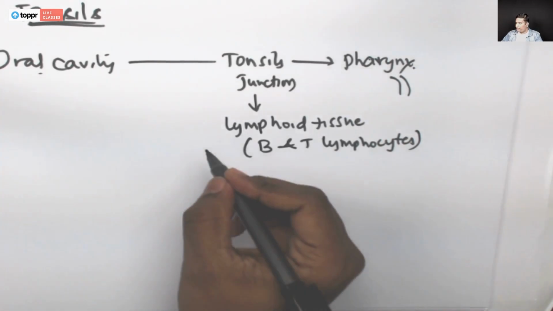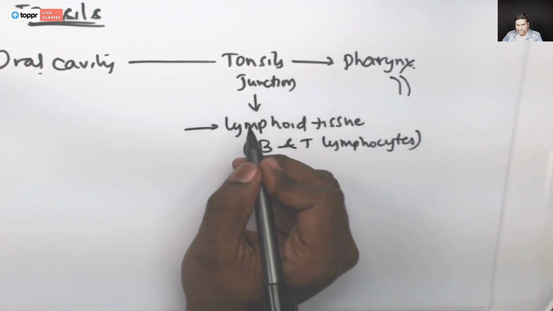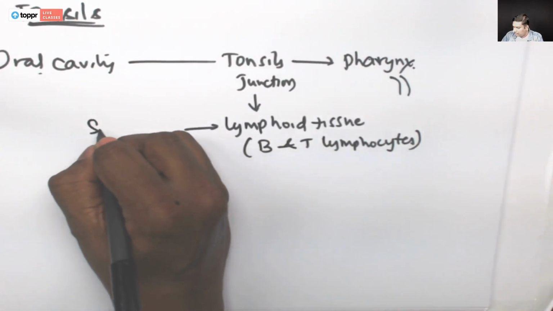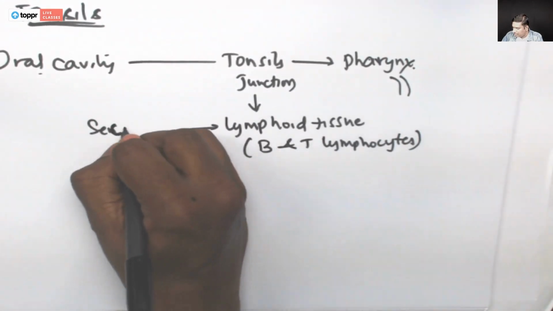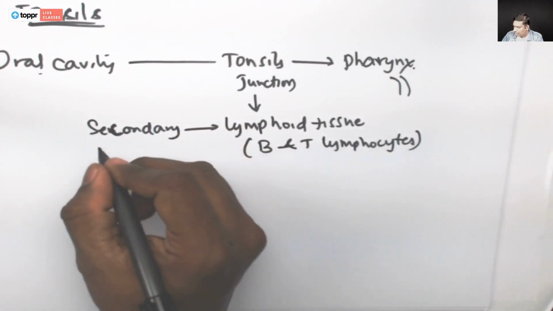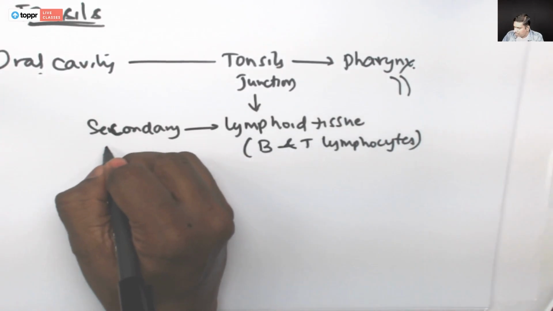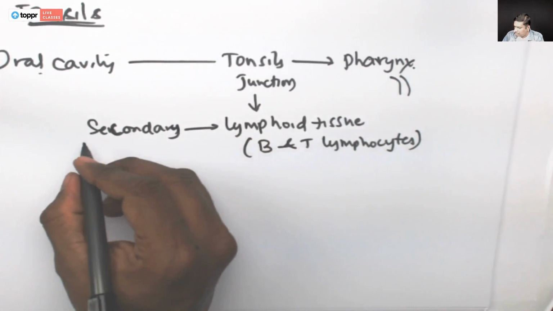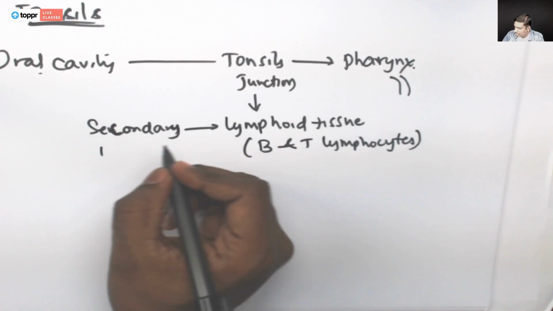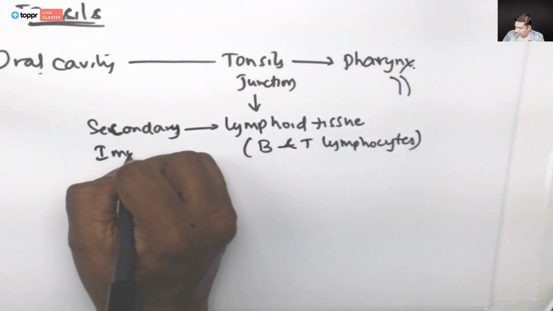If you remember your immunology, lymphoid tissue is a secondary immune organ.